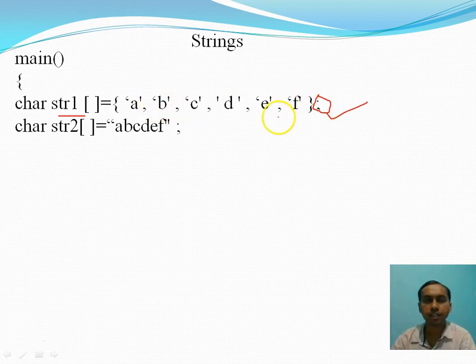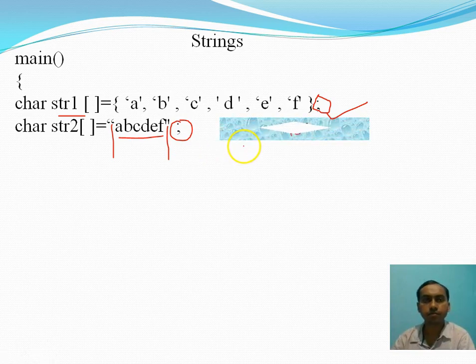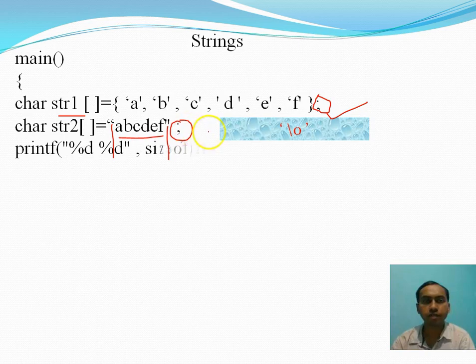Or a second way to write the same thing is "ABCDEF" with double quotes from both sides and then a semicolon. So by default it will take \0. If we are not writing it, by default it will take \0, means null, the string terminator.